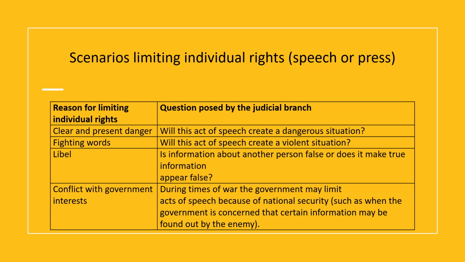And it's not absolute because of speech presenting a clear and present danger, fighting words, a concern about creating a violent situation, libel, the printing of words about another person that are false or make true information appear false, and conflict with government interest. And thus, can the government then restrict that speech?